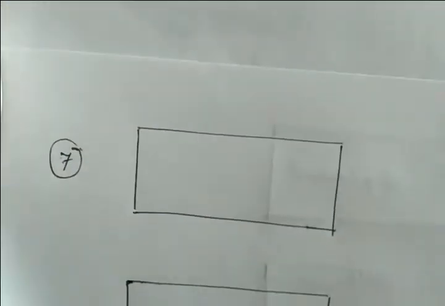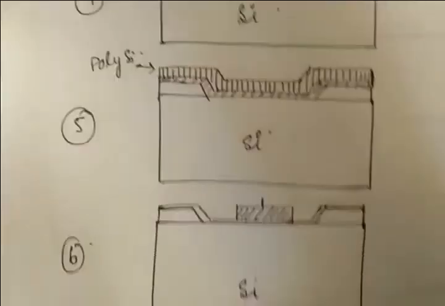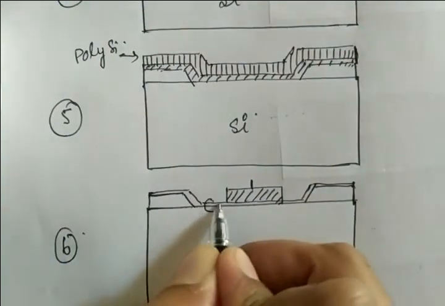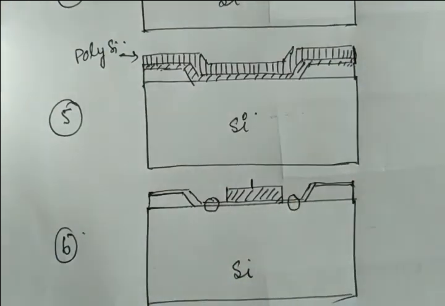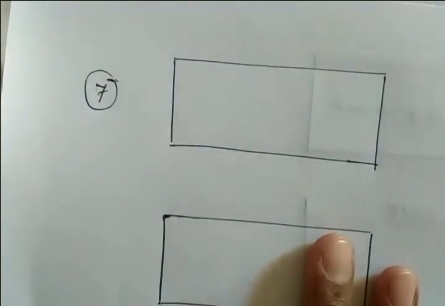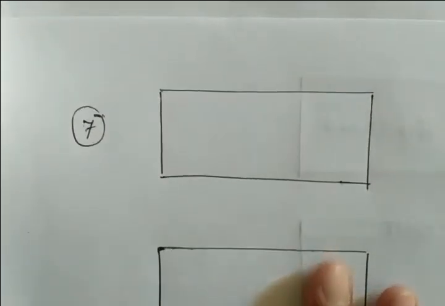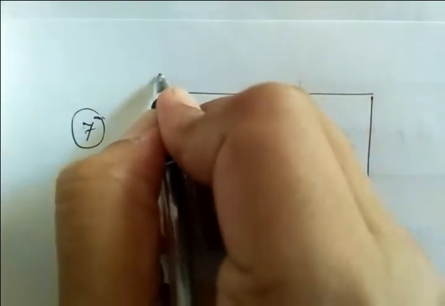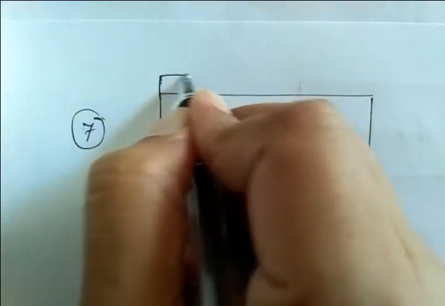Because we don't need this kind of portion, no? This portion is not needed, this portion is not needed, this portion is not needed. So you have to etch away all these things. So what is your final diagram? And this is your final diagram in this way.